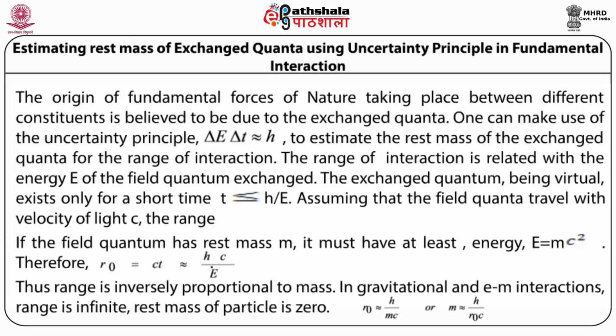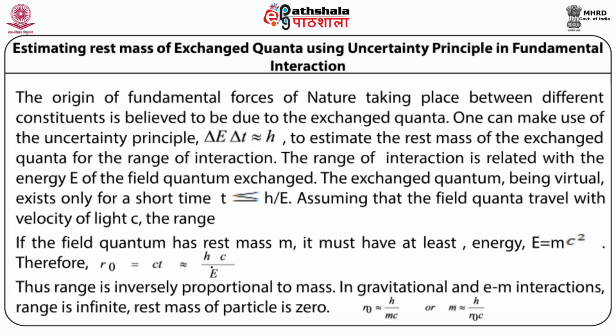One can make use of the uncertainty principle, that is, delta E delta t is approximately equal to h cross, or the uncertainty in determination of the energy and the uncertainty in the determination of the exact time is approximately equal to h cross, where h cross is h by 2 pi and h is the Planck's constant.